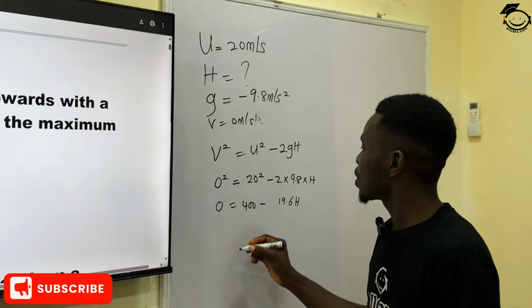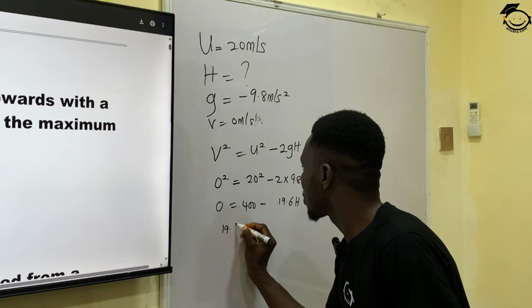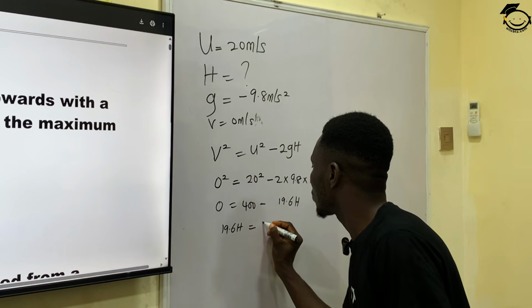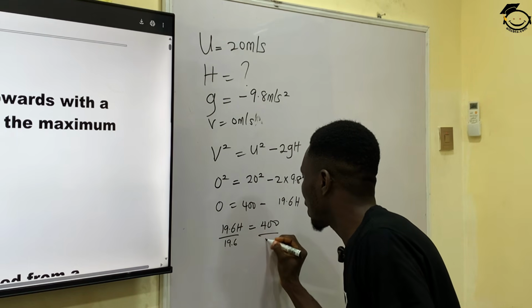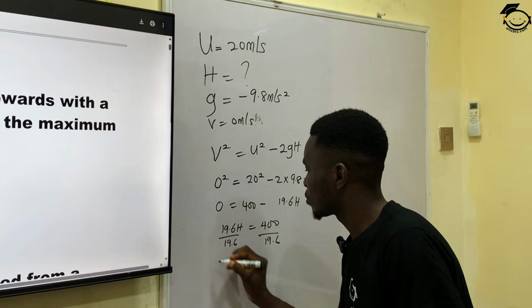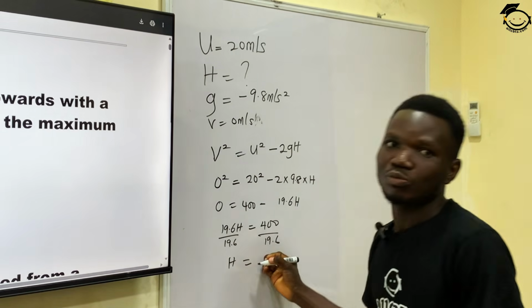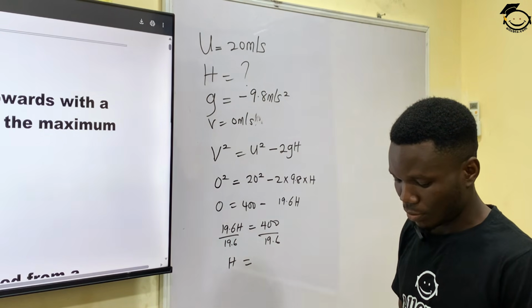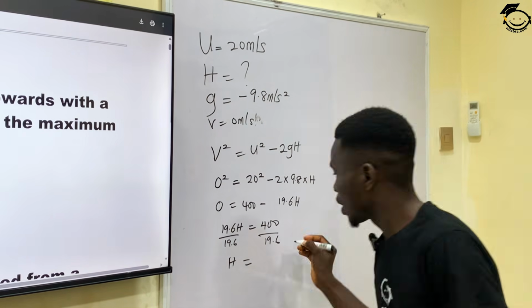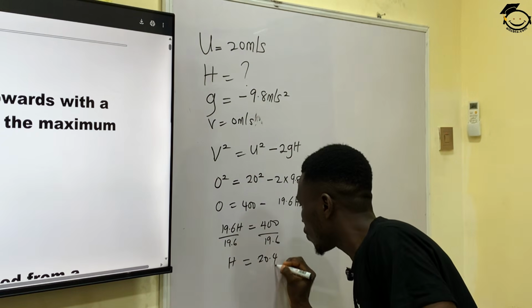If I move this to the other side, I have 19.6h equals 400. Dividing both sides by 19.6, our height will be equal to 20.4 meters.